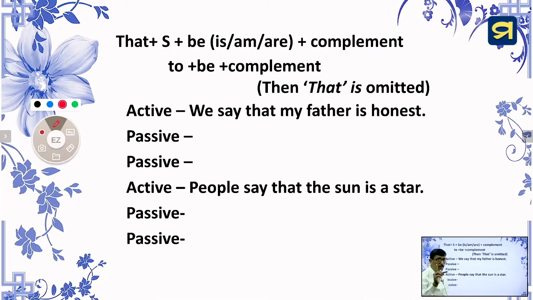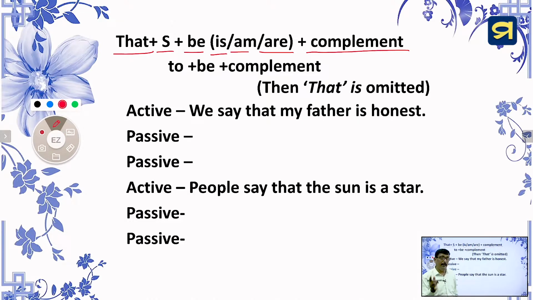Dear students, we have already discussed: we say, they say, people inform, then the subject followed by "be". Be means either is, am or are. Then the complement. You already know that a complement is an integral part of the sentence.